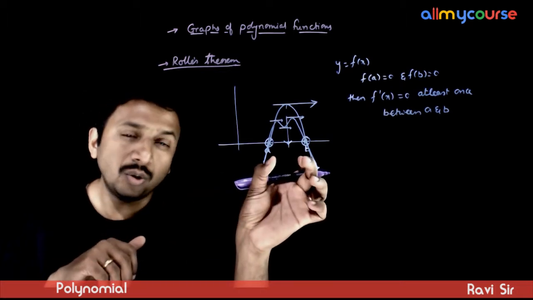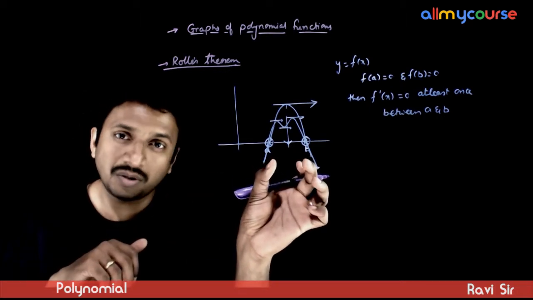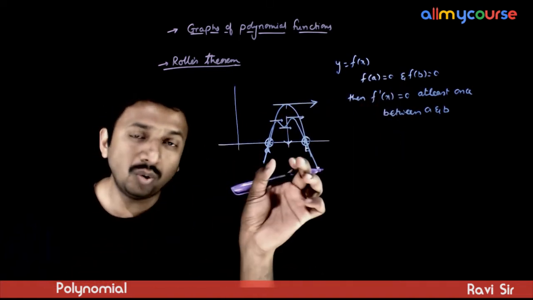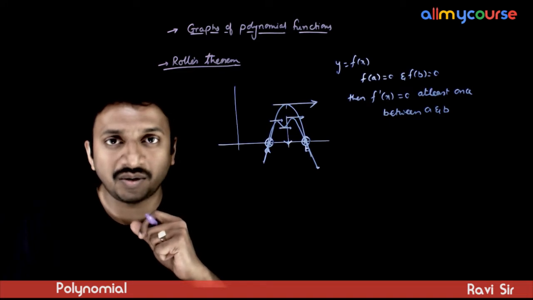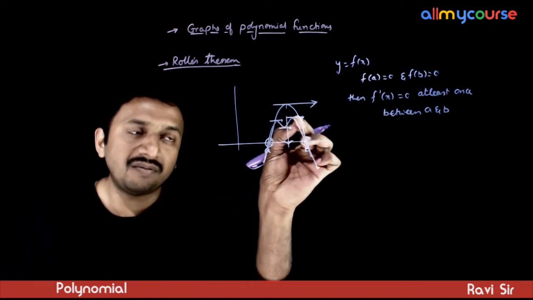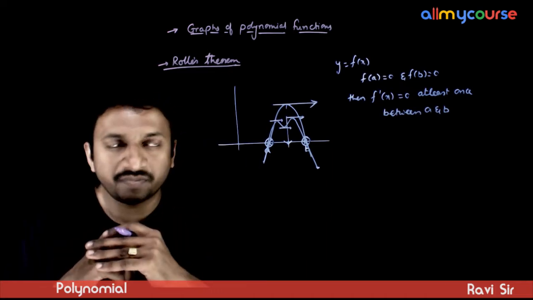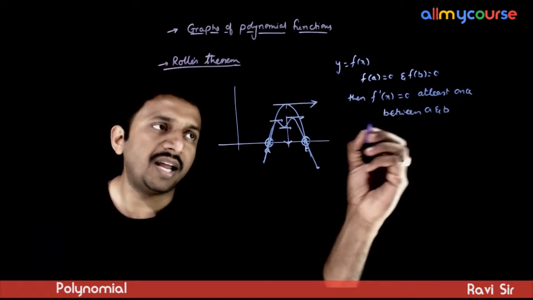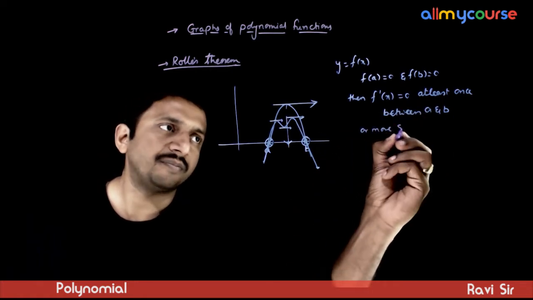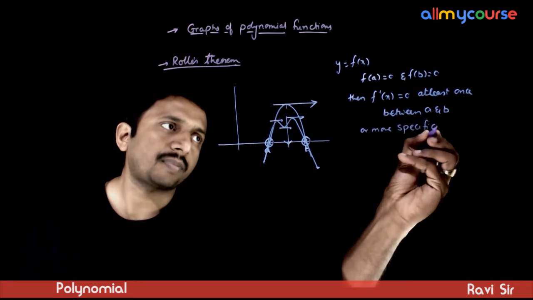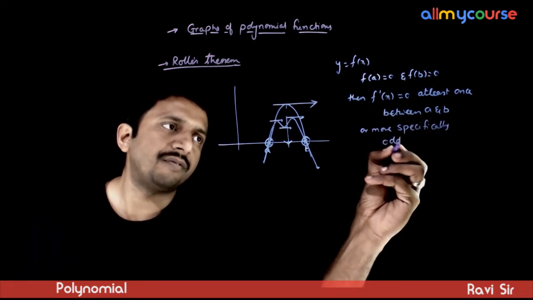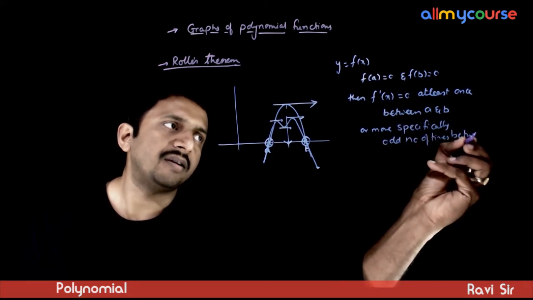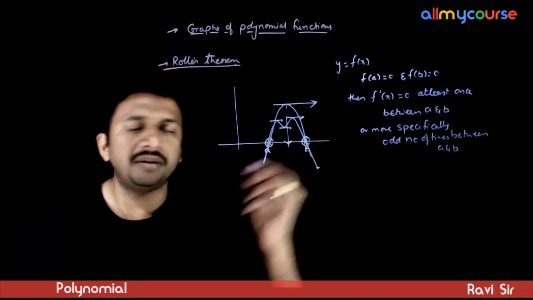So between two zeros of the function f of x is equal to 0, between 2 roots of the equation f of x is equal to 0, f dash of x will be equal to 0 at least once, or more specifically an odd number of times between a and b.